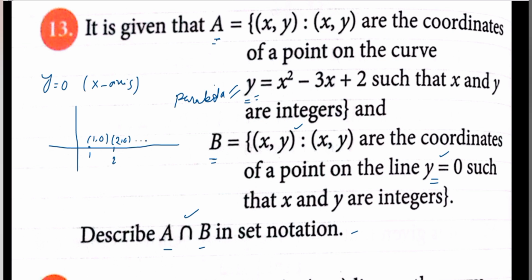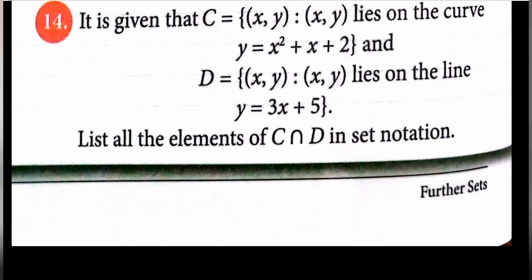So there are infinite points that lie on the x-axis. It means your set B consists of infinite points. Similarly, there are infinite points on this curve, but we just need to find A intersection B. We will not find sets A and B separately. So how will we do this question here?